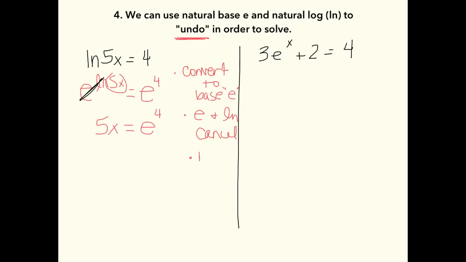Now you can find e to the 4th in your calculator, remember? You just use that button, second ln, which is that e to the x, it's written in blue, and e to the 4th will give you 54.598. Still has 5x over here, divide by 5.